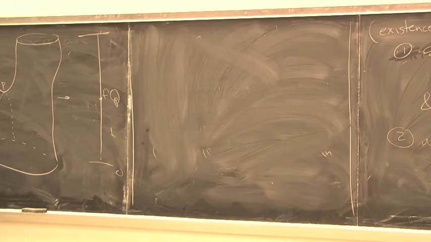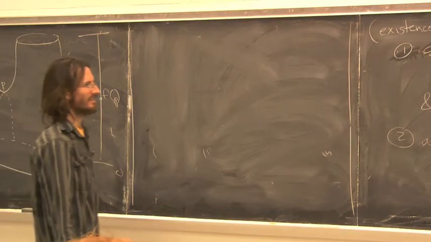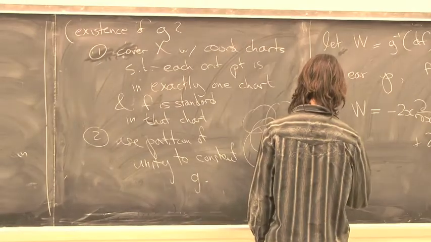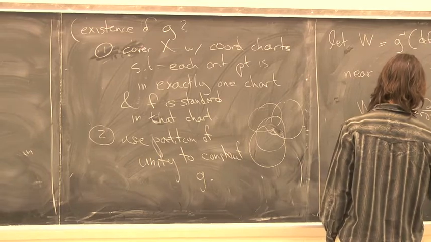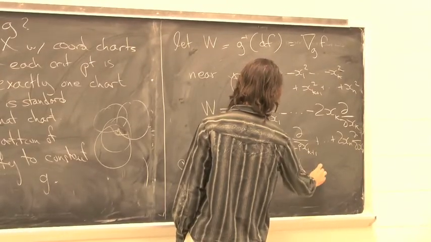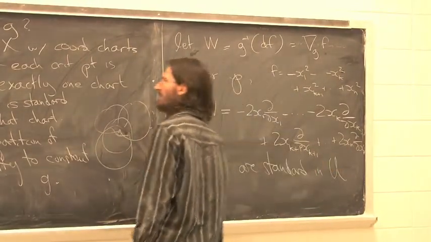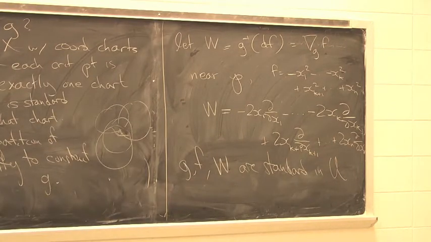Now, G, f, and W are all going to be standard in some neighborhood. U is this neighborhood of P.